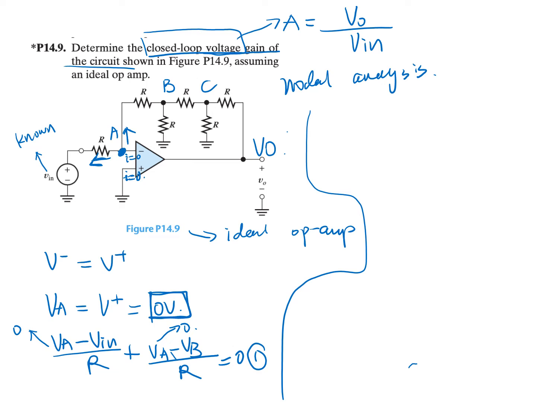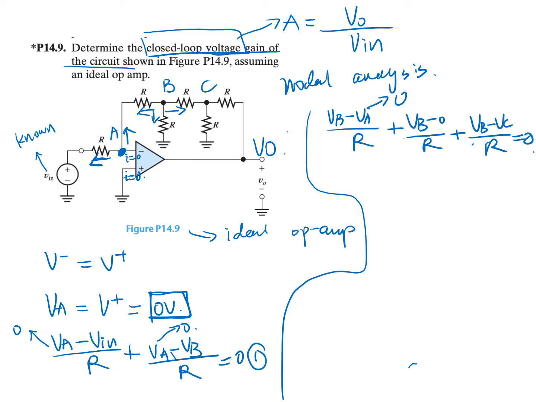Let's perform a nodal analysis at node B. So we have (VB minus VA) divided by R plus (VB minus 0) divided by R plus (VB minus VC) divided by R is equal to 0. Similarly, here VA is equal to 0 volt.